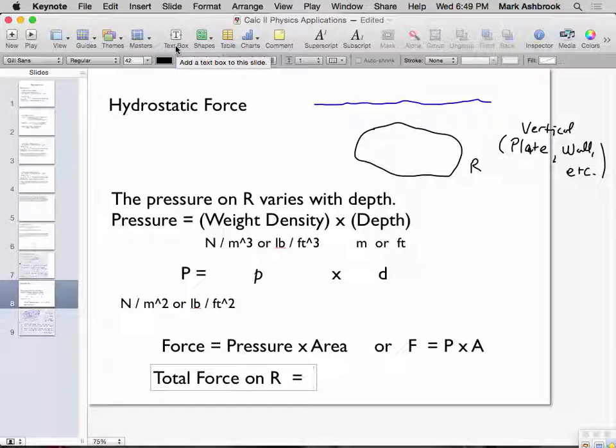Okay, so just like before, when we were totaling up bits of work, we needed something we could calculate the work of, so that was a horizontal layer. So what kind of elements on this plate are we going to select so that we can actually calculate a little bit of force? Is it going to be a square, a vertical strip, a horizontal strip, a triangle?